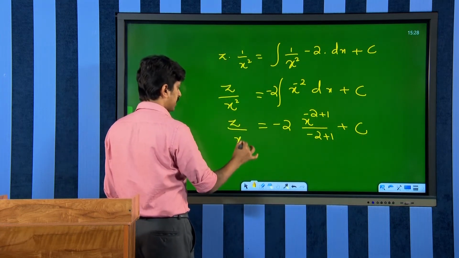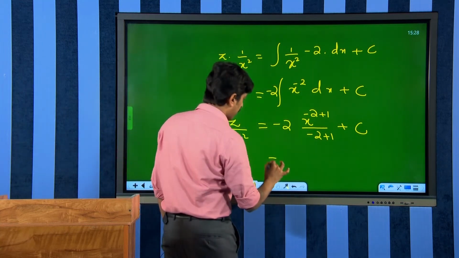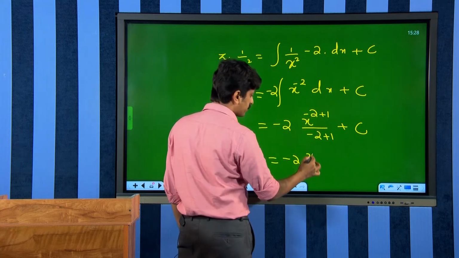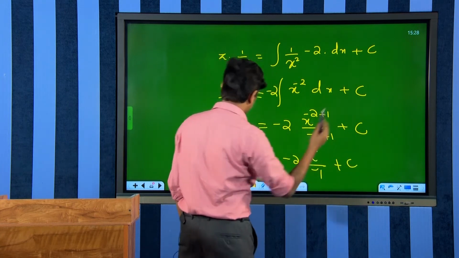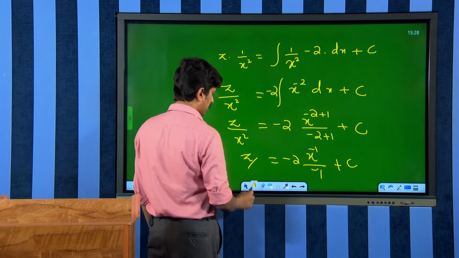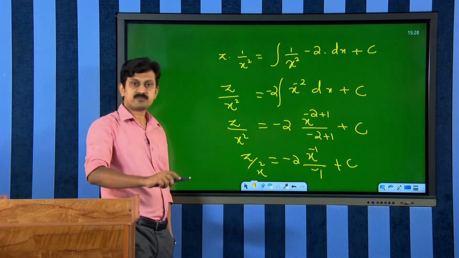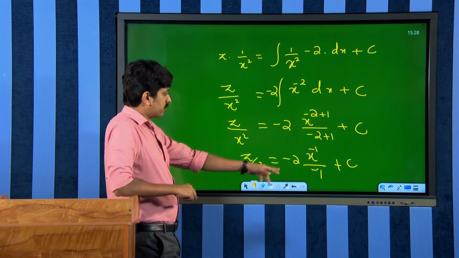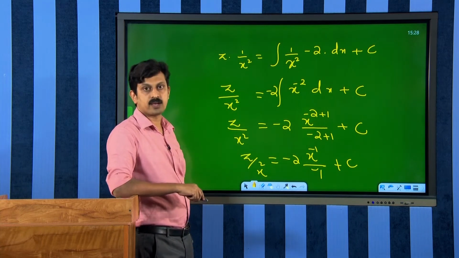On the left hand side there will be z by x square, and here we will have minus 2 into x raised to minus 2 plus 1, that is x raised to minus 1 by minus 1, plus c, the constant of integration. So z by x square is equal to minus and minus will cancel, 2 into x raised to minus 1.